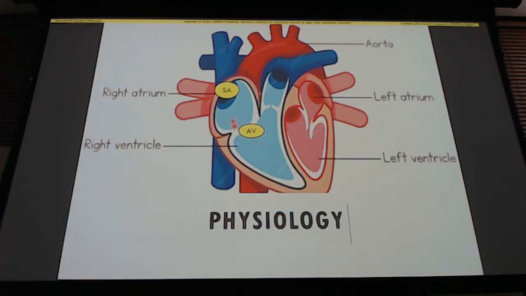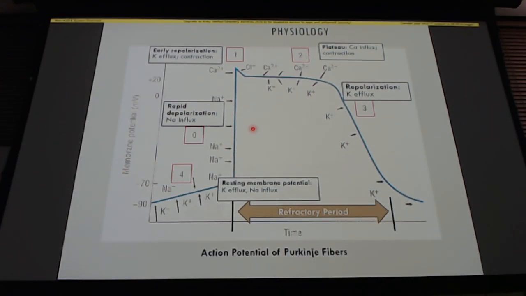So when we're talking about this, a lot of the time we're going to be looking at our drugs, which are going to hit on the different potassium, sodium, calcium channels, trying to make sure that my rate and my rhythm are staying in sync. That is our big goal.